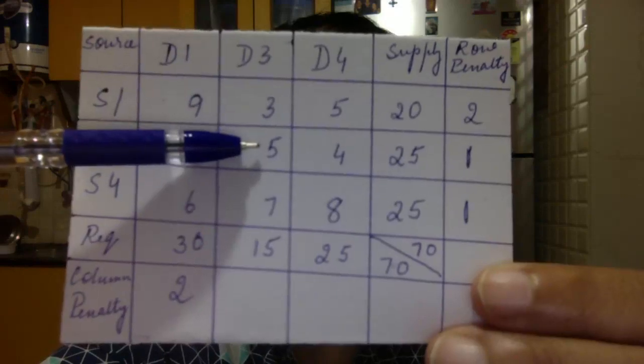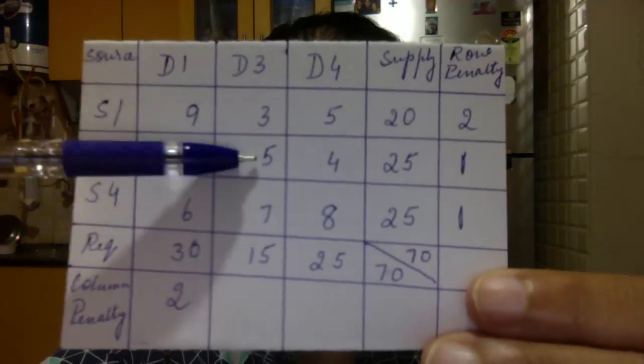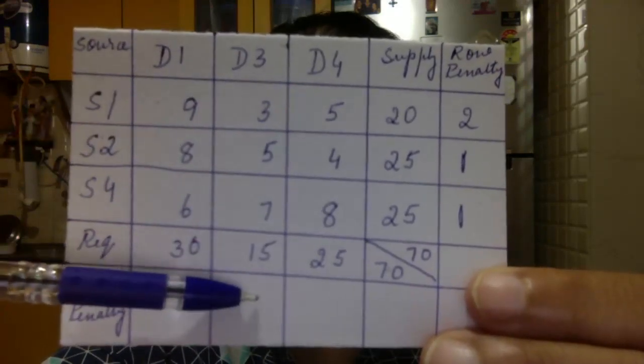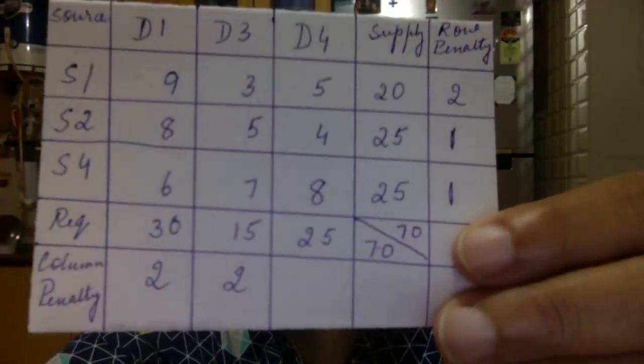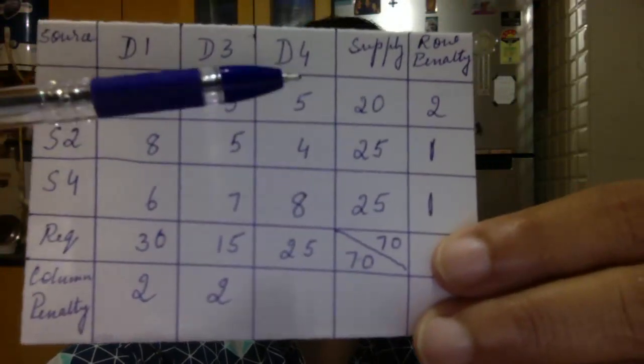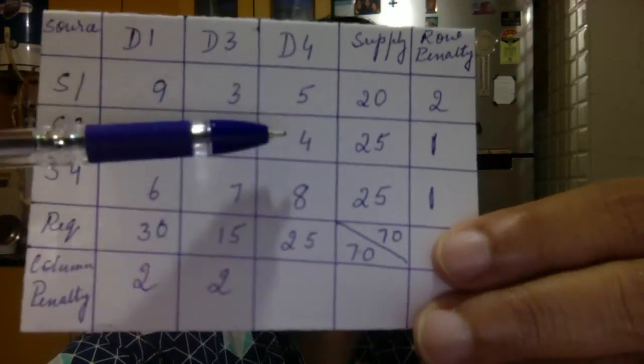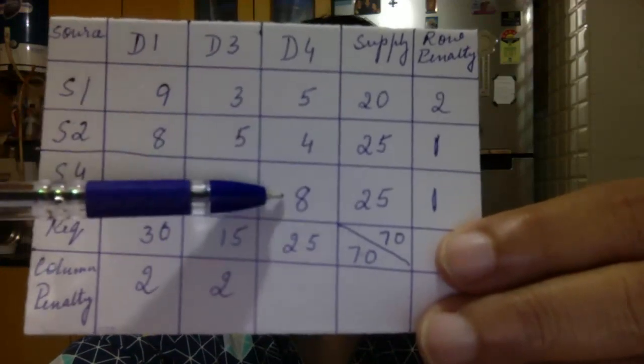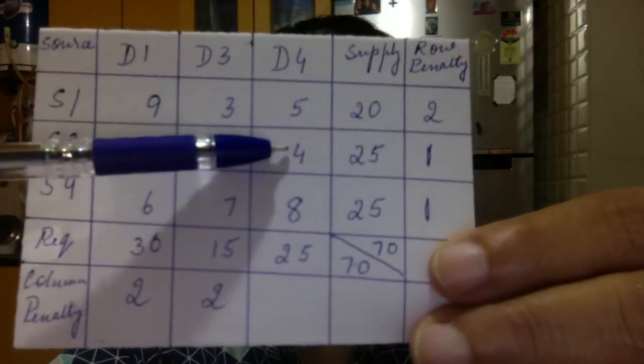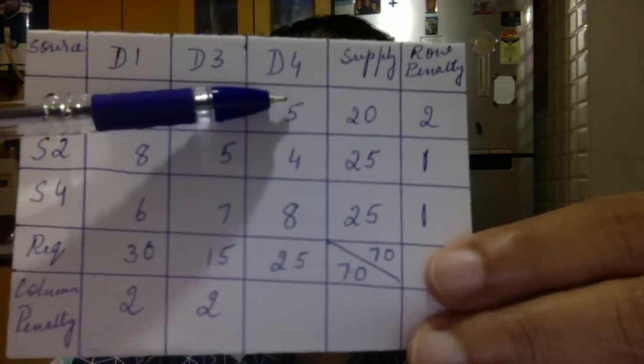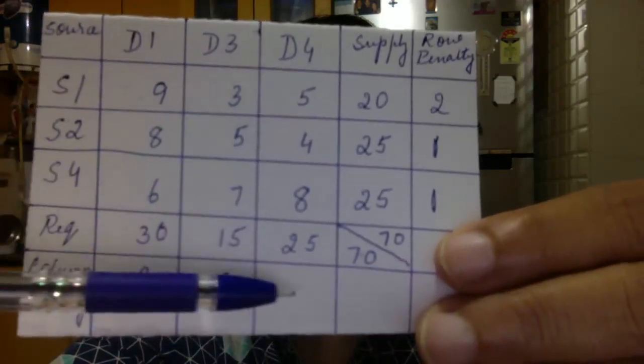Next least is 5. Difference between 3 and 5 is 2. I'm going to write here 2. Five, 4 and 8. Least is 4. Next is 5. So 5 and 4, I'm going to write here 1.